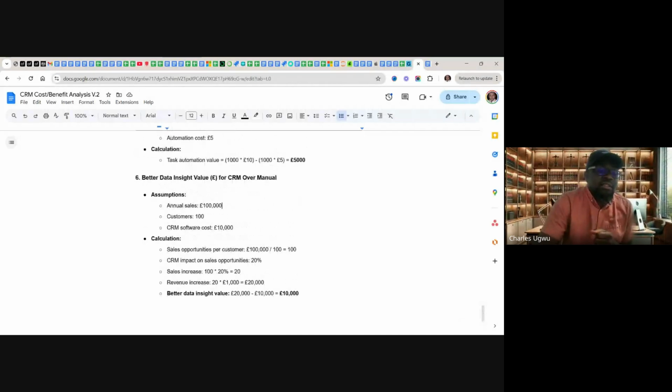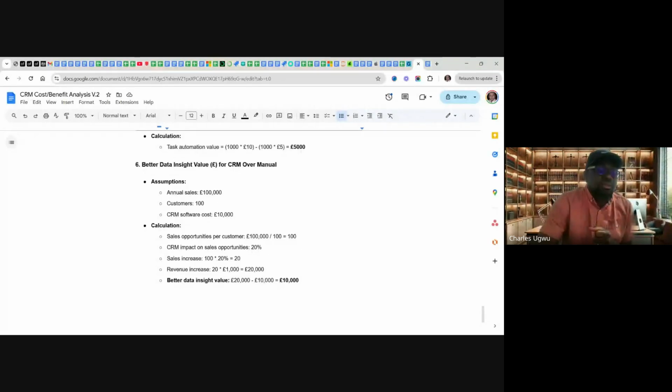And data insights value for CRM over manual. We have assumptions: the annual sales is 100,000, number of customers 100, CRM software cost is 10,000.